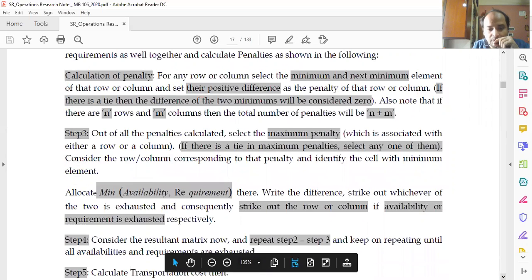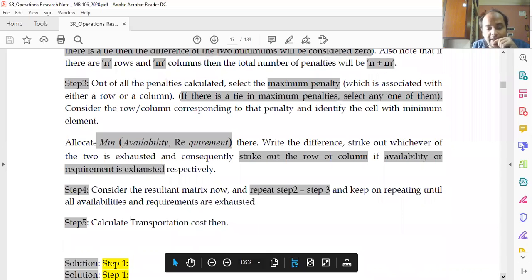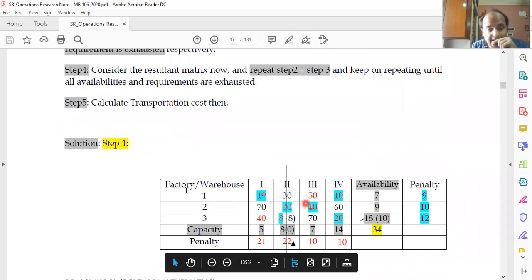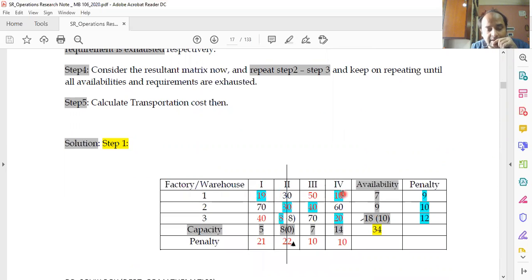Okay, so since we are going to calculate the penalties for each row, let us start with row number 1. In row number 1, the minimum element is 10. This is the minimum element, and this is the next minimum element, I mean to say the last but one minimum, which is 19.